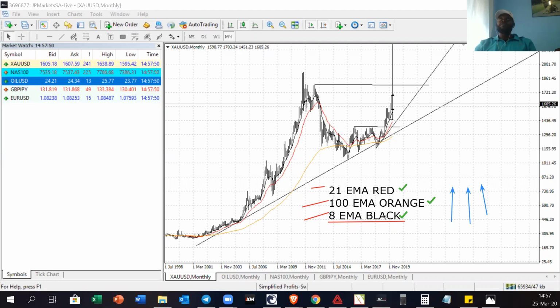So this will be the previous 8 months, whereas the 100 EMA would be the previous 100 months. The 21 EMA is calculated based on the 21 previous months, right? So these two help us see the direction of the market, and the 8 EMA helps us see what price is doing.